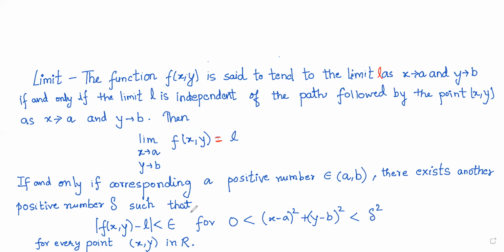Here both epsilon and d are positive numbers, and x and y lie in R. So this is the definition of limit if we have a function consisting of two independent variables, x comma y. So the limit as x tends to a and y tends to b of the function f(x,y) is equal to L.